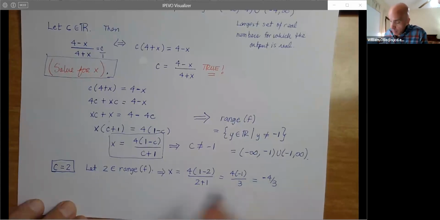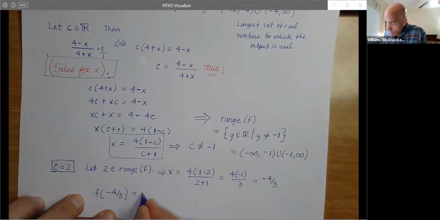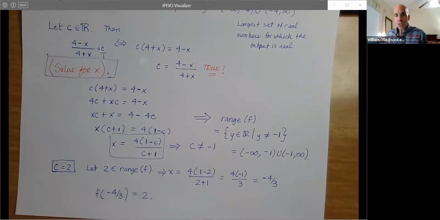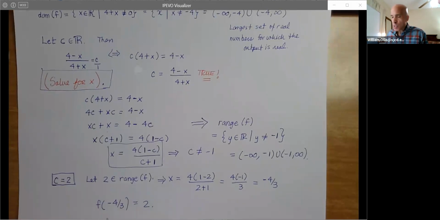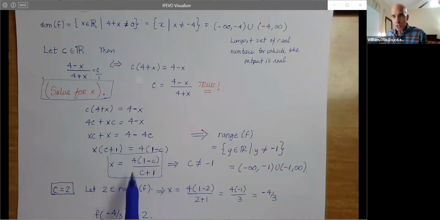So now we see that F of -4/3, this is the backwards problem, equals 2. You see that? So you know how to substitute numbers into a function. Now I'm showing you, once you do this, you can figure out the input that gives the range element.